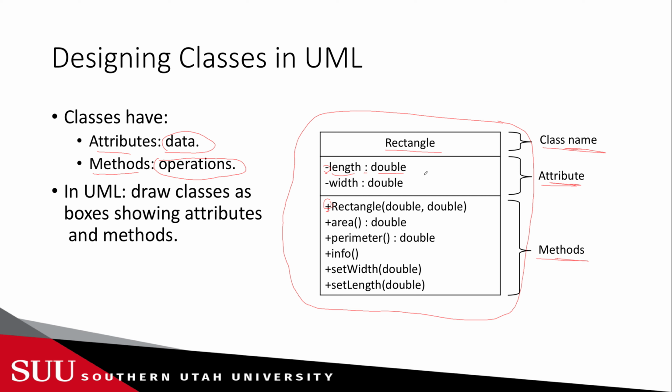But the representation of the attributes is going to be the attribute name and then the data type. So this is going to be the variable name. Length, for example, and width are going to be variables, or what we call instance variables, which are going to be holding the attributes of each object.